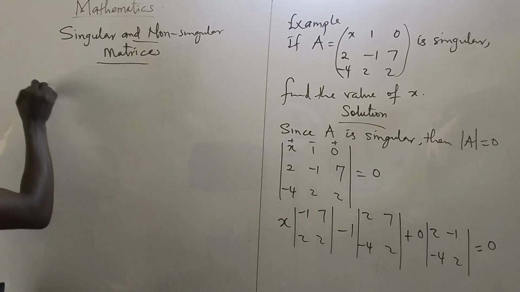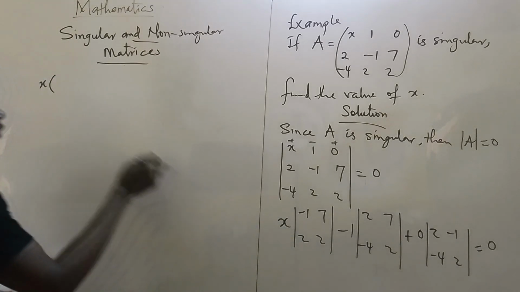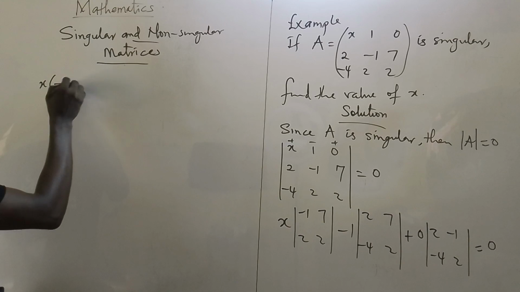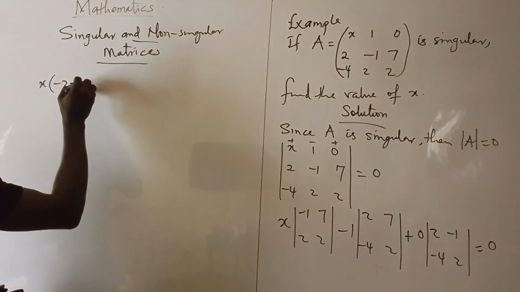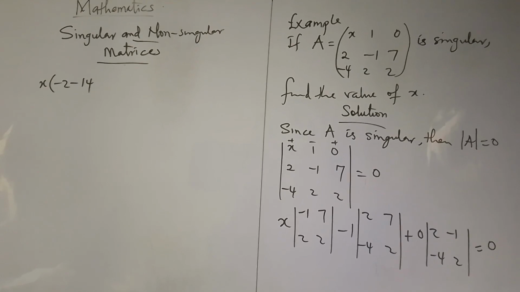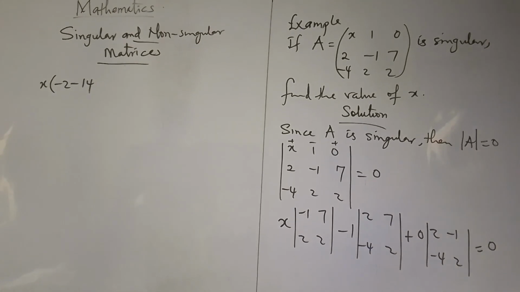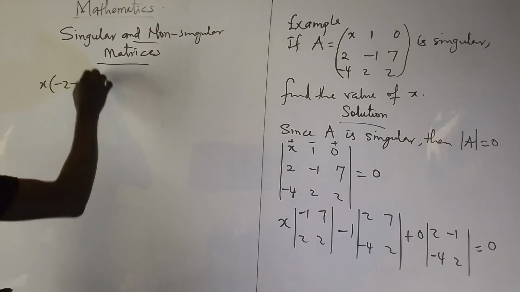In this case, we have x times the bracket: minus 1 times 2 is minus 2, then minus 2 times 7 is minus 14, so minus 14.